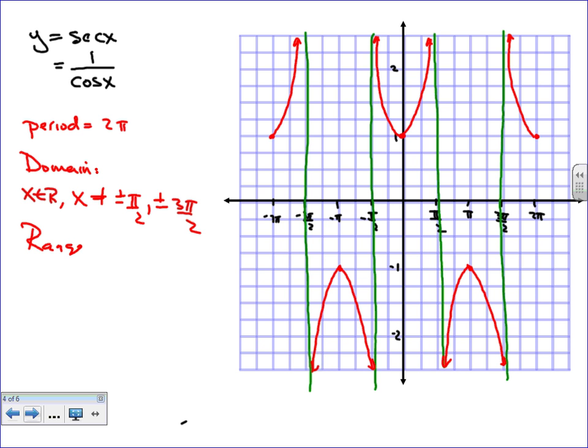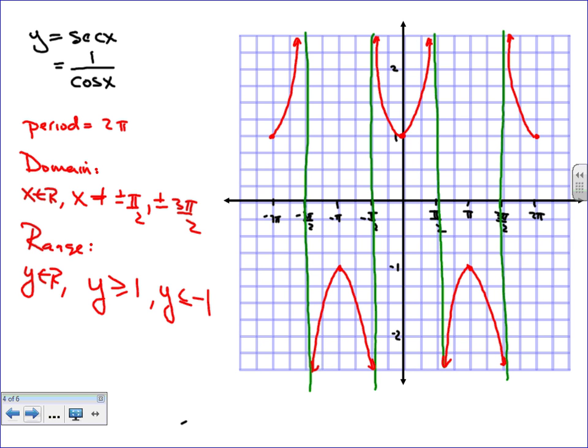The range is y is an element of the real numbers, y is greater than or equal to 1, y is less than or equal to negative 1. For some reason, the domain and the range are the questions answered most incorrectly in the test.